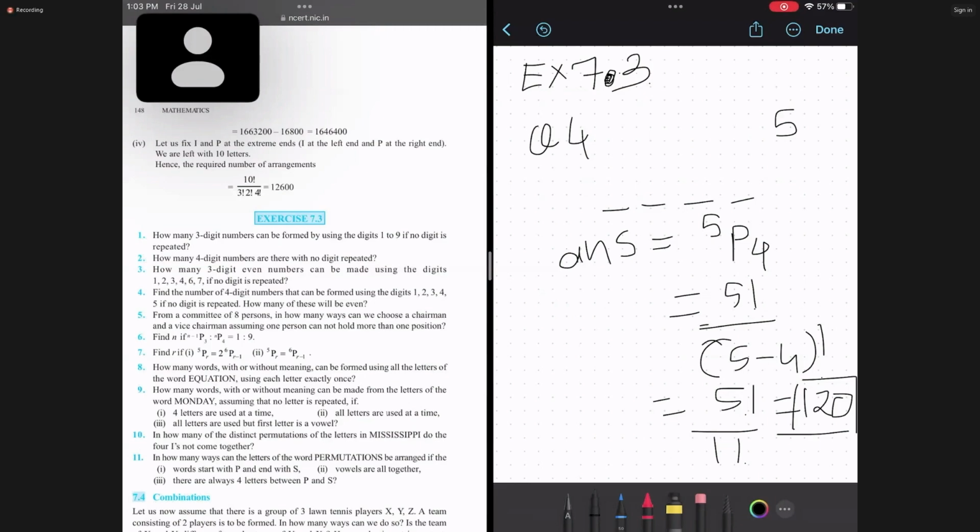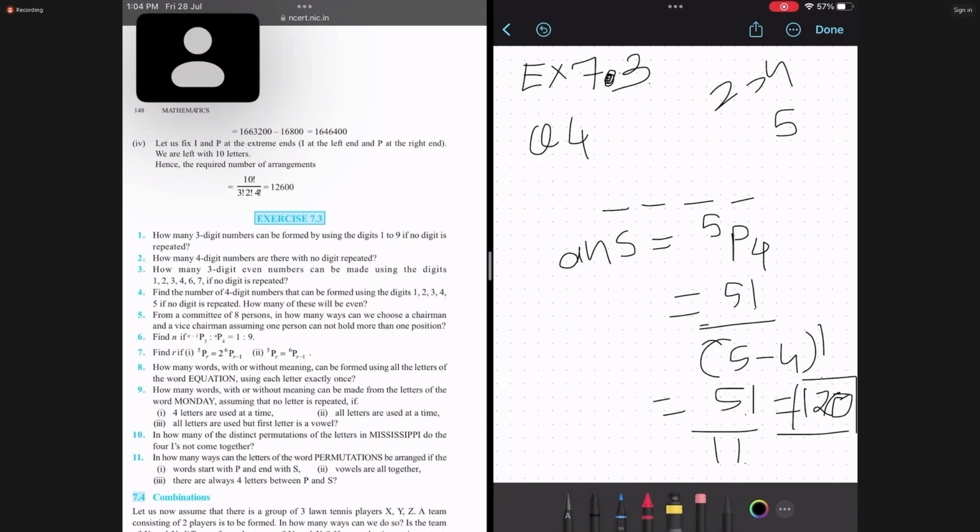Of these 120 numbers, how many are going to be even? So the tedious way of doing things would be to make another question wherein only even numbers were possible, and then you would go on to fill the units digit first by 2 and 4, and then you would go on to solve the answer.